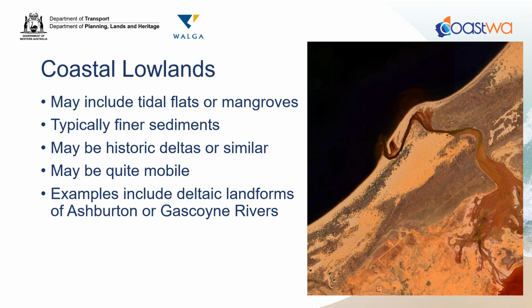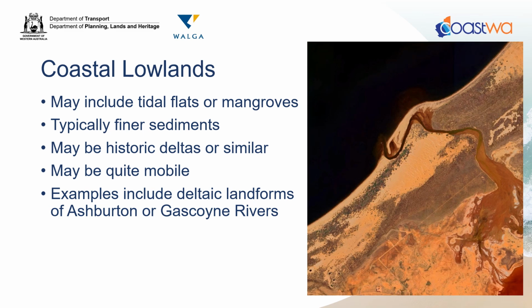Another important classification is coastal lowlands. Coastal lowlands are generally low-lying areas which might include tidal flats or mangroves. They're typically associated with historic river deltas or similar features where you've got finer alluvial sediments. They might be quite mobile.